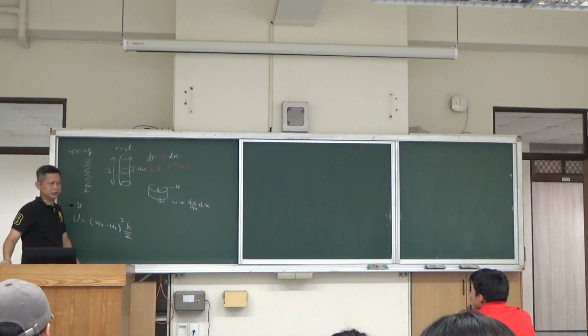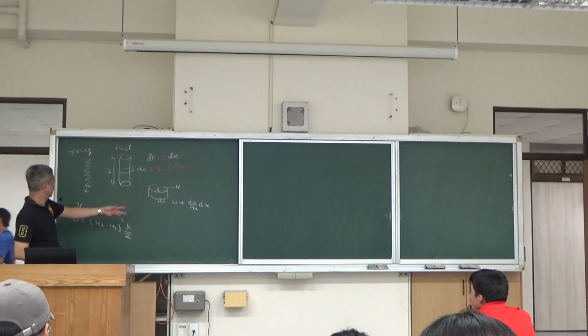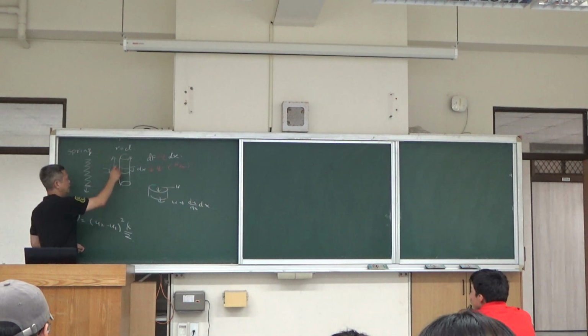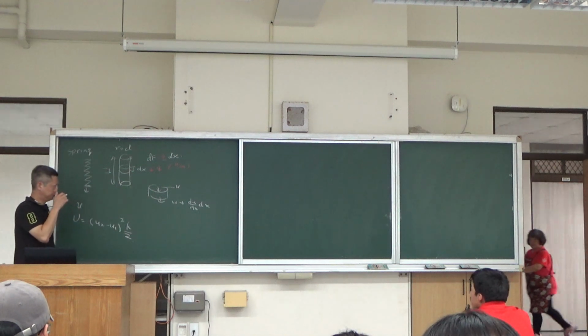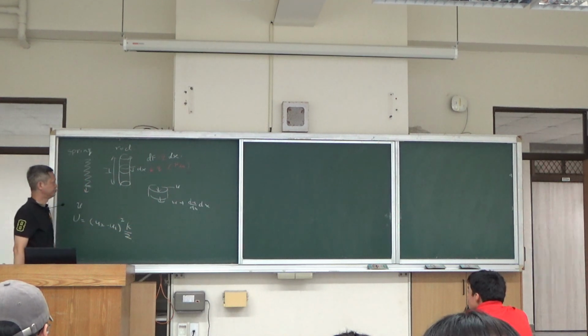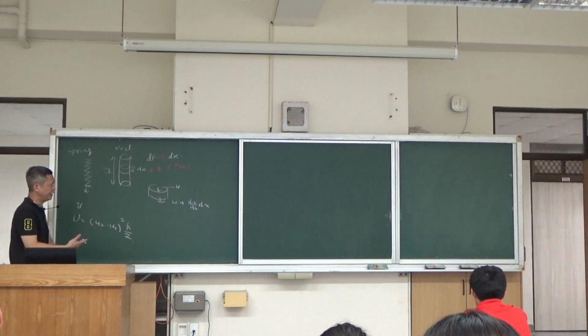This is kind of an interpolation or extrapolation. So the displacement is going to change. In that case, we will be able to find how much is the energy stored.